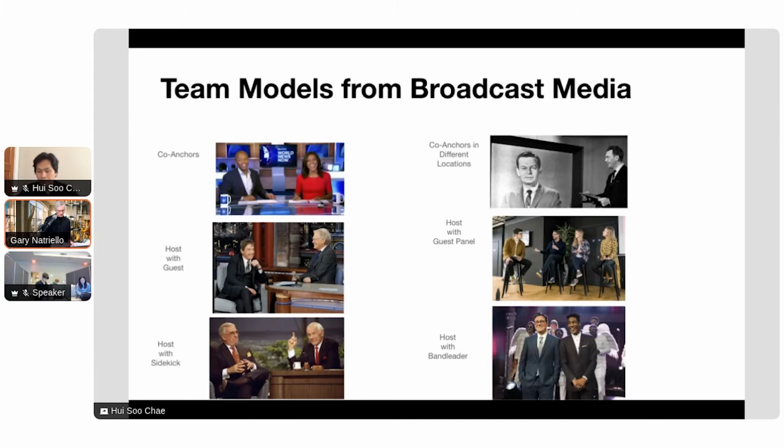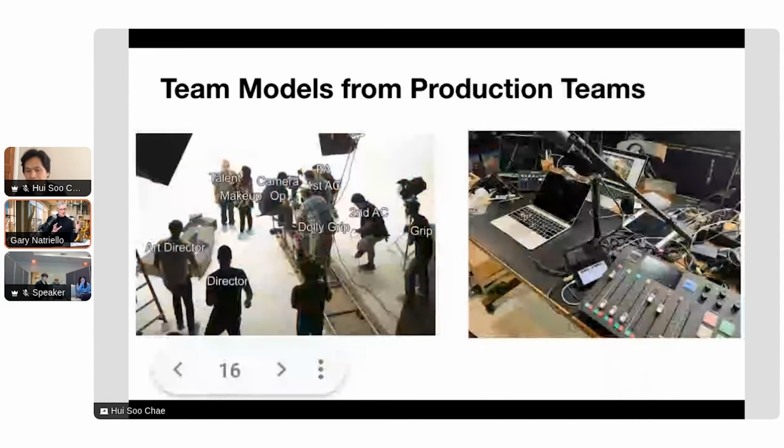And then the final set of models that we look on is production teams. And those of you who've taught online know that because we're dealing with so much technology, there's a lot more to manage than there is typically if you're in a classroom where everything is pretty apparent, although classrooms are getting to be technology production spaces too. So I wouldn't overstate that.